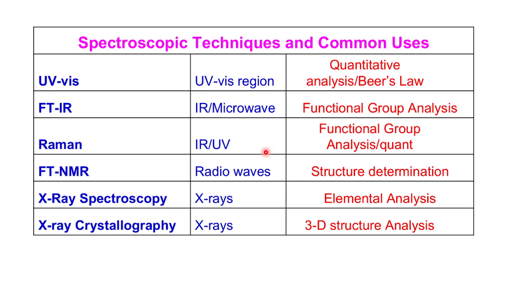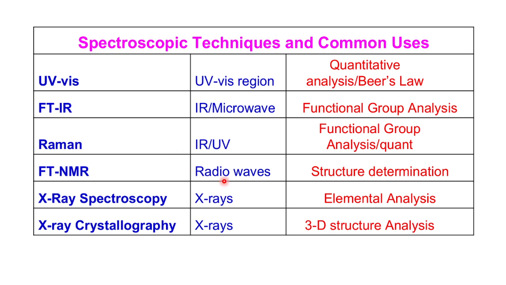For NMR, we need radio waves, and this is a very sophisticated technique. There are different kinds of NMR: proton NMR, 13C NMR or fluorine NMR, and it is used to determine the structure of any molecule. From NMR you can be 100% assured that this is your structure, but from FTIR you cannot confirm the structure.